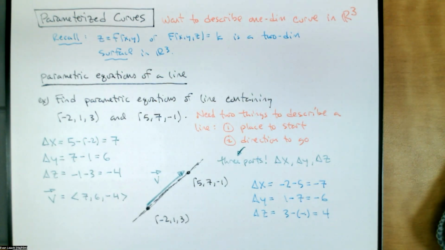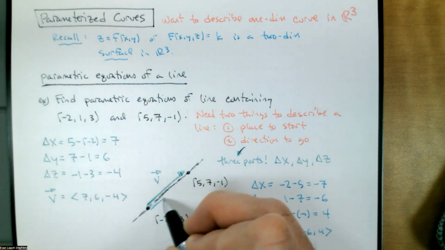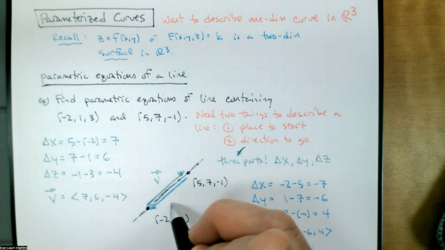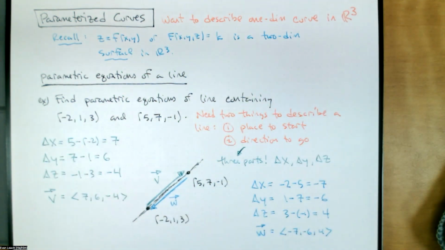So this is just going to produce the opposite vector from 5, 7, -1 to the point -2, 1, 3. Both of those vectors are lying on the same line. They're just pointed in different directions. That's just a matter of perspective.